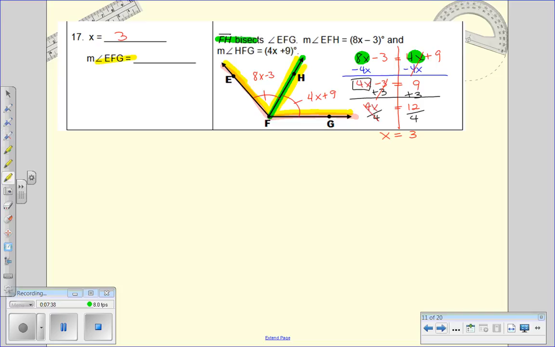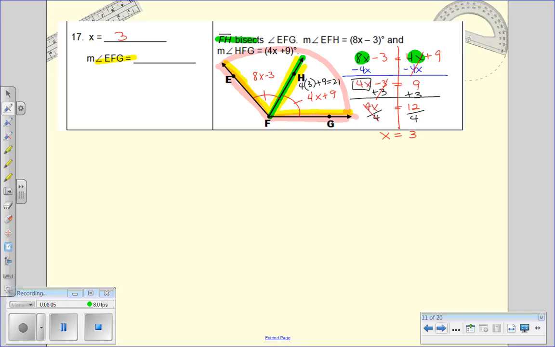EFG, notice, was the entire angle. EFG is the entire angle, so I need to know this whole angle. Well, I can substitute 3 in for x and figure out what each angle is. So I'm going to do it to the HFG. 4 times 3 is 12, plus 9, that equals 21.